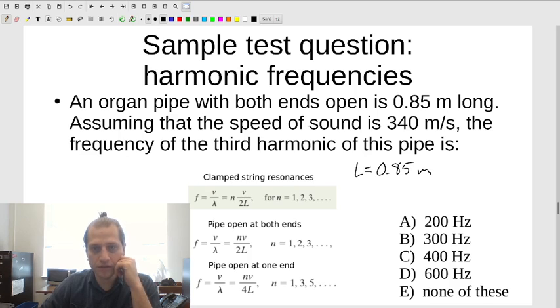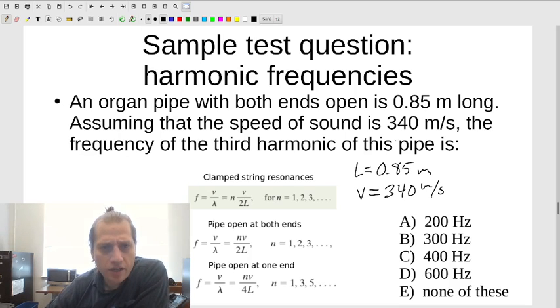Assuming that the speed of sound is 340 meters per second, and as we discussed last time, the speed is the speed of the wave in the medium that the primary wave is traveling. So for instance, in a guitar, this would be the much faster speed of the propagation of a wave along a guitar string. Here it's going to be the speed of sound in air, which is somewhere around 340, maybe a little higher or lower depending on the pressure and temperature.